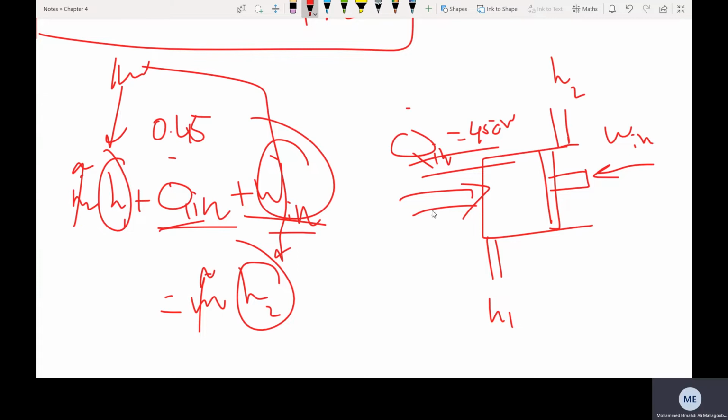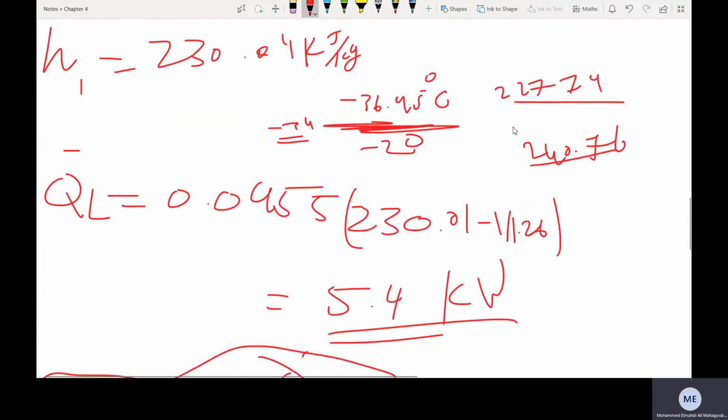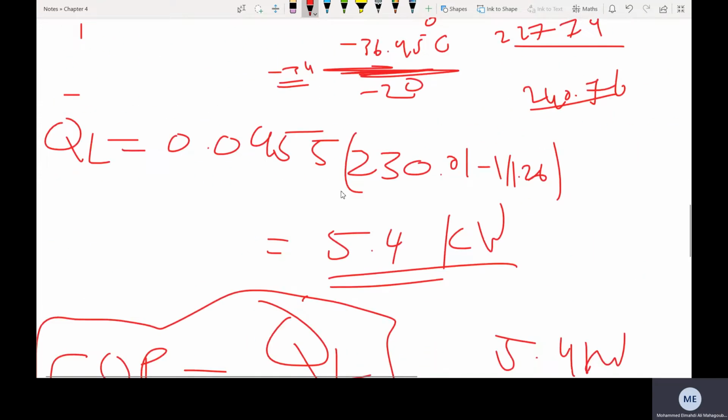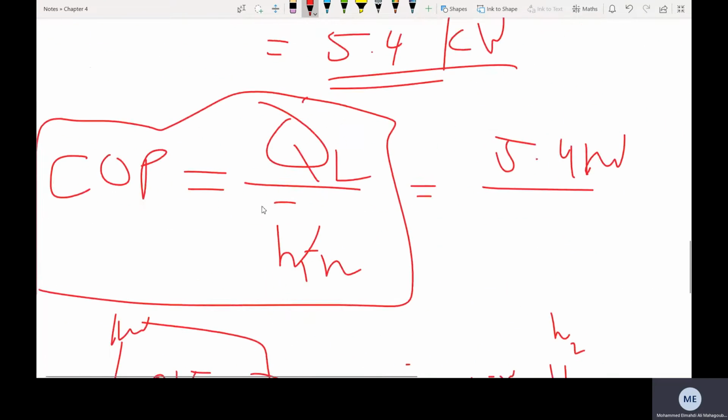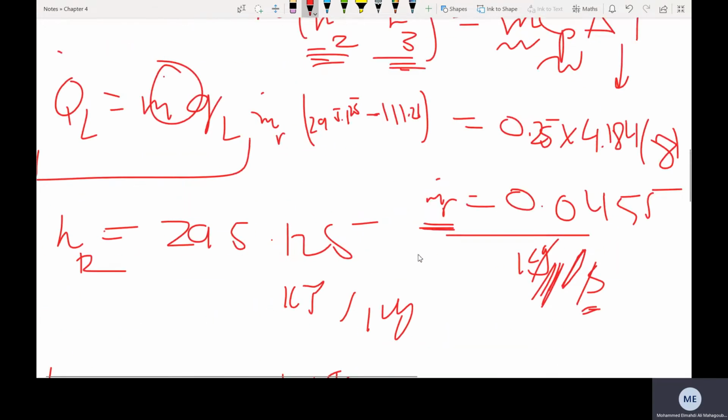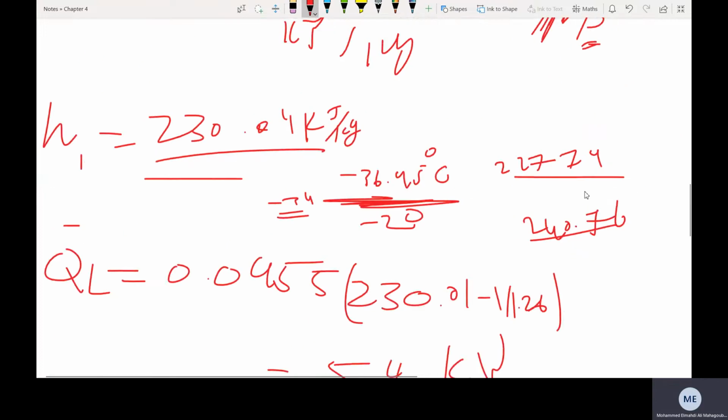Let's find it quickly with the calculator. We have the refrigerant mass flow rate 0.0455 multiplied by H1, which we found before, 230.04, plus the 0.45 heat, plus X, which is unknown, equal to 0.0455 multiplied by H2. I hope that you're following.